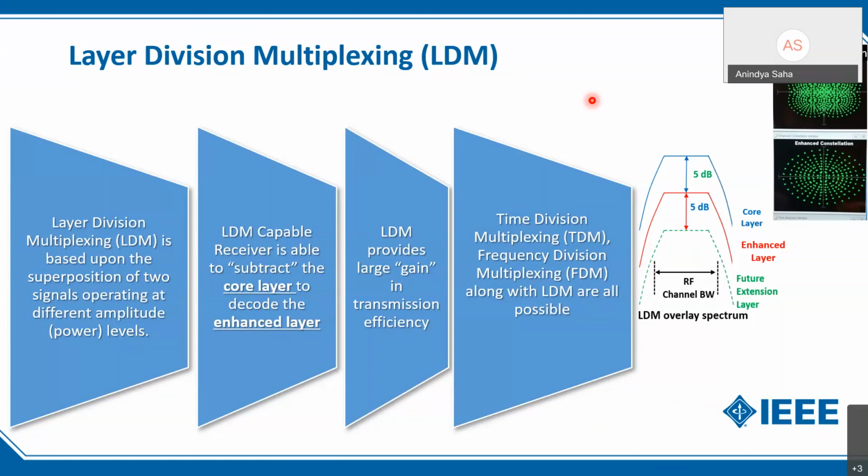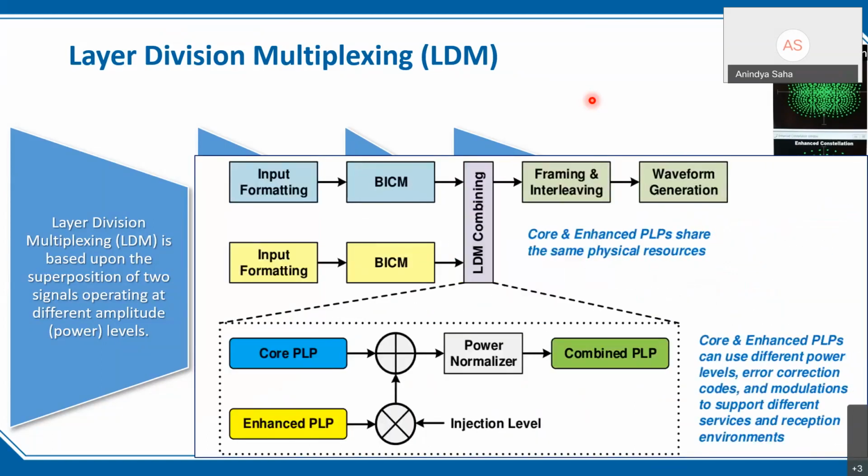So let's have a look at how this happens. If you recall, this looks similar to the previous chain that we saw, but you have just two parts here: one is called the core layer and one is the enhanced layer. So you can see core PLP and enhanced PLP. And there is an injection level with which you can control the power combining ratio, how much of the core layer versus enhanced layer should go into the final combined PLP.